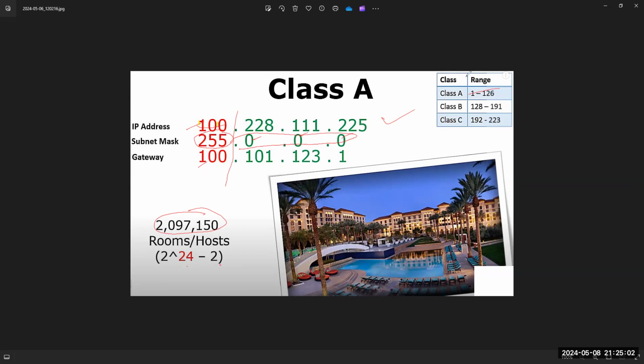Now, what is subnetting? If you see over here, this is the number of hosts which I can create when I'm using this kind of IP addresses, and the subnet mask is like this. Suppose I have an organization, and there are 10 computers or 10 laptops with me.